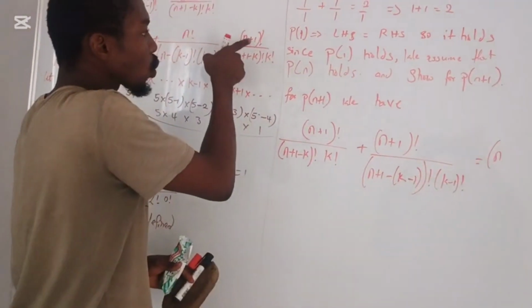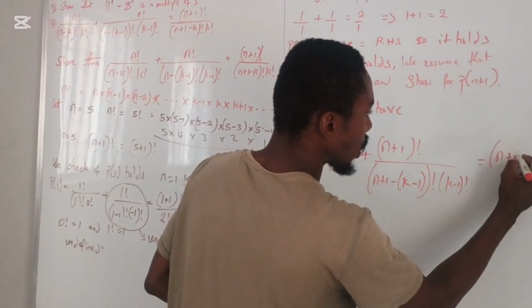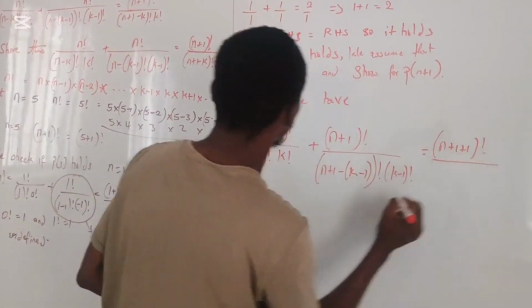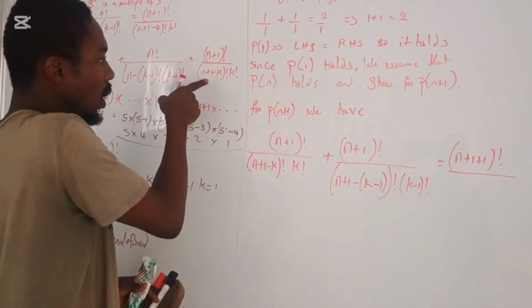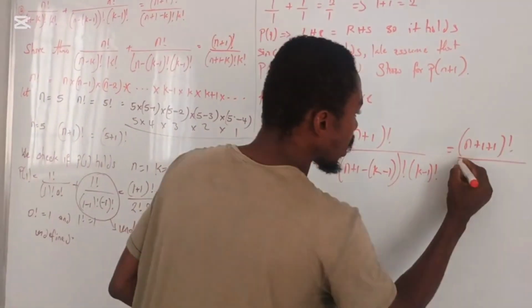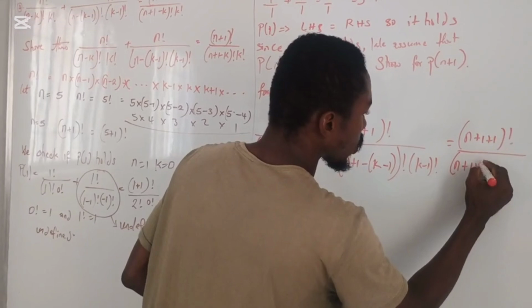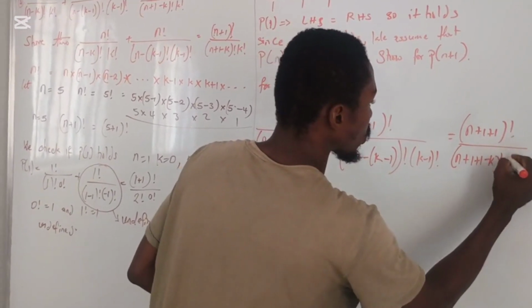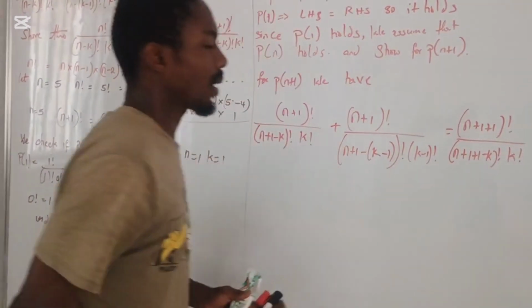here is n plus 1 plus 1, so (n plus 2) factorial, all over (n plus 1 minus k) factorial.